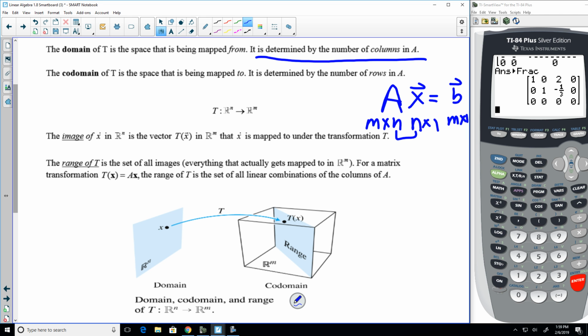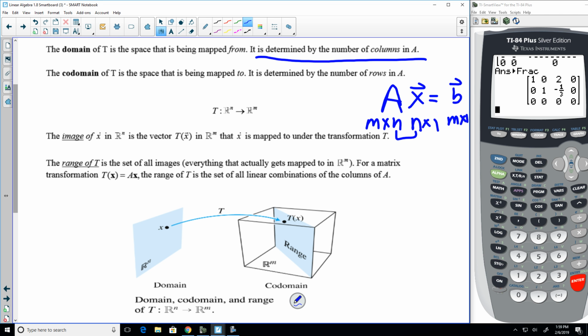The codomain is what kind of vectors get outputted. And what we'll call the range is the actual vectors that get outputted. Everything in the domain can be inputted. We want to make these where you can plug in any vector. So the domain will be the entire Rn space, but the codomain will be all the possible vectors that could be outputted. The range are the ones that are actually outputted.